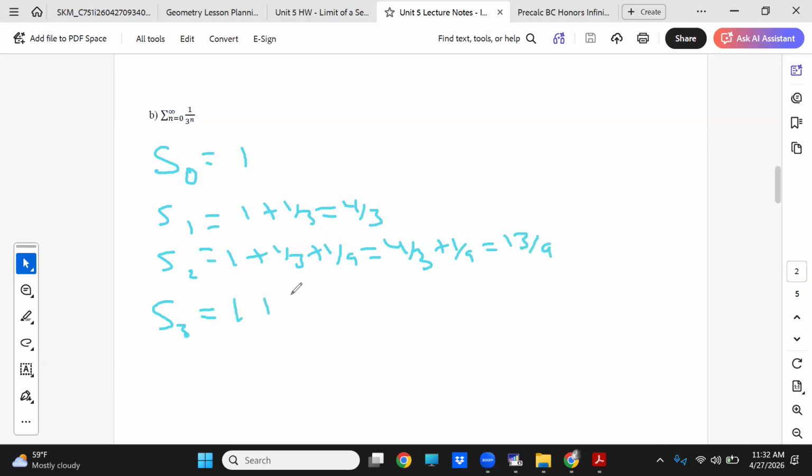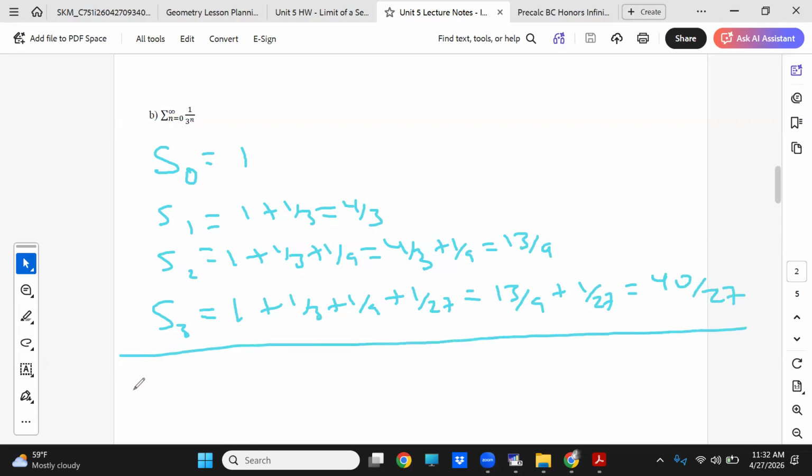And this is 1 plus 1/3 plus 1/9 plus 1/27, which would be 13/9 plus 1/27, which should be 40/27. So if I list it out, you have 1. Actually, I'm going to write it like this: 27 over 27.